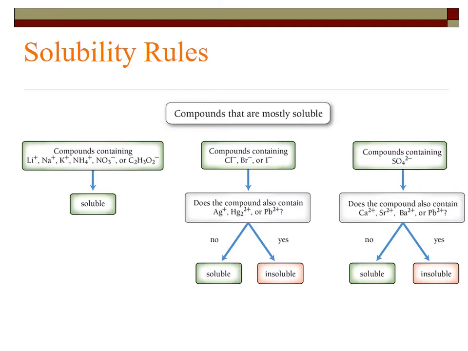Compounds containing the sulfate anion, SO4: does the compound also contain calcium, strontium, barium, or lead? Compounds containing sulfates are soluble except when they're paired with calcium, strontium, barium, or lead. So we can use this flow diagram to look at whether a compound is soluble or insoluble.